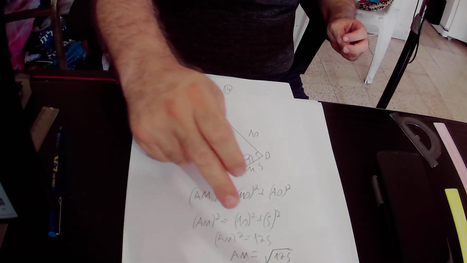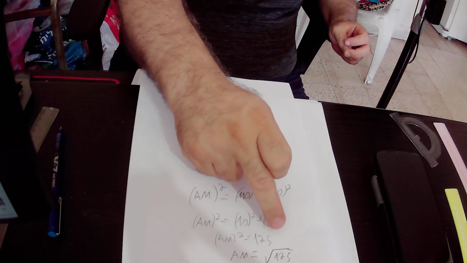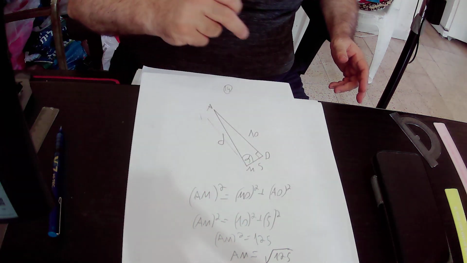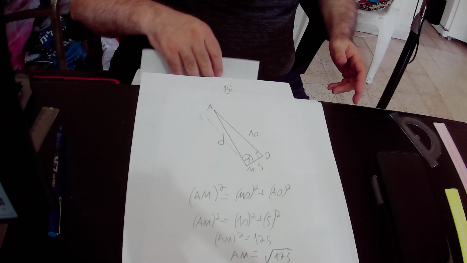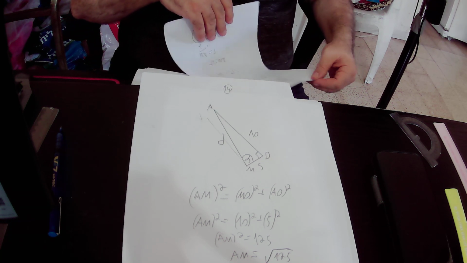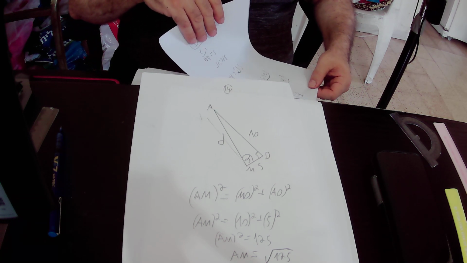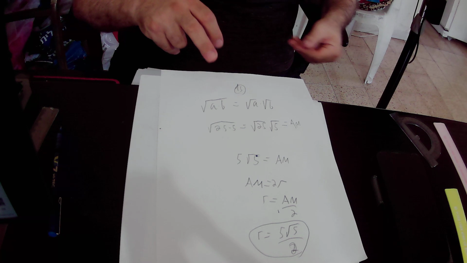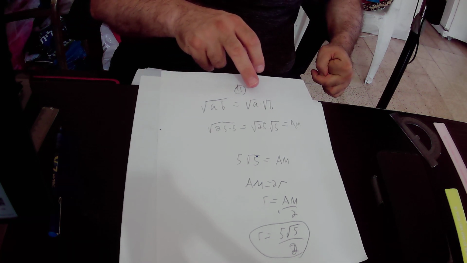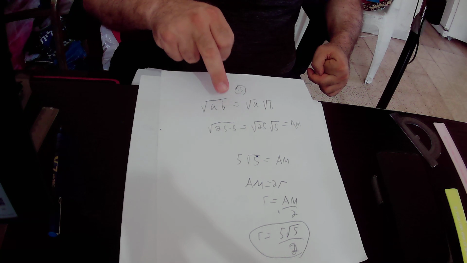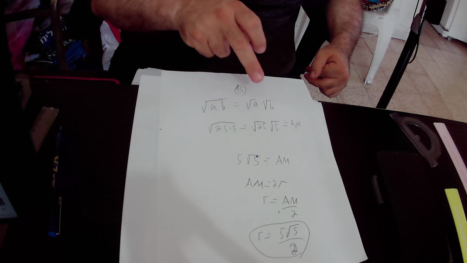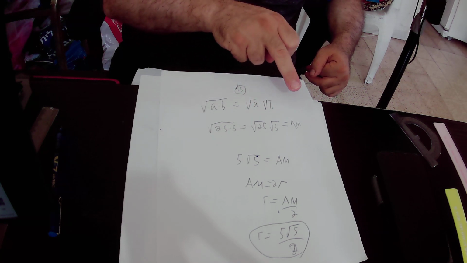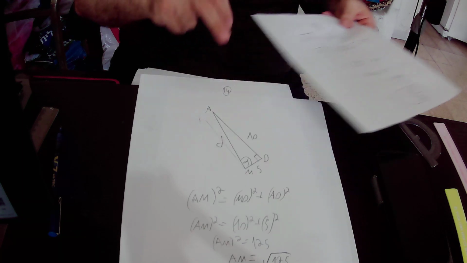We got that AM equals the square root of 125, but 125 equals 25 times 5, and we have a rule: if we have two expressions multiplied inside the root, we can split it into two parts. If we have a root of A times B, it equals root A times root B. So instead of 25 times 5, we can write square root of 25 times square root of 5, all equals AM.